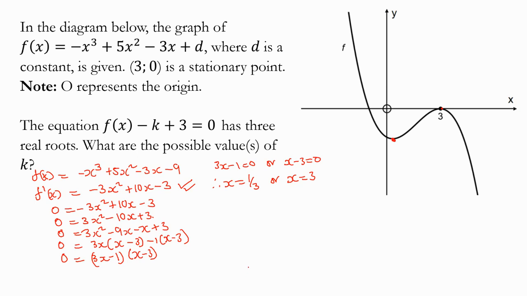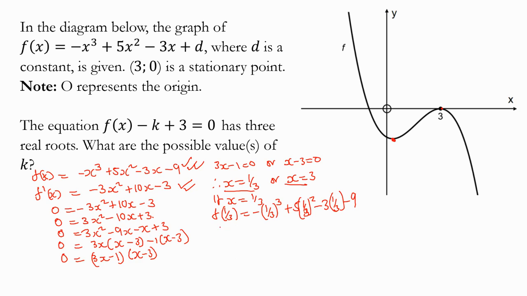Now how do we find the y coordinates of the turning points? We substitute the x values into the function here. So if x is equal to 1 over 3, it means f of 1 over 3 is going to be negative 1 over 3 cubed plus 5 times 1 over 3 squared minus 3 times 1 over 3 minus 9.